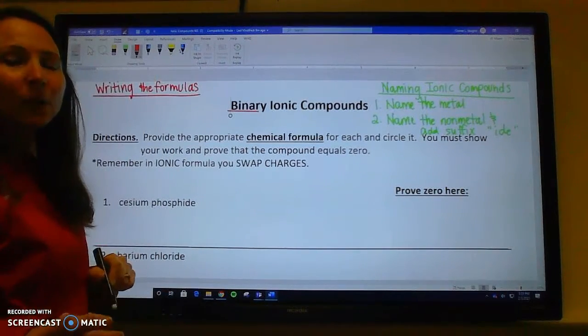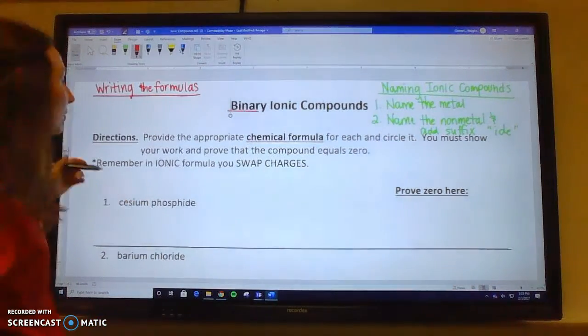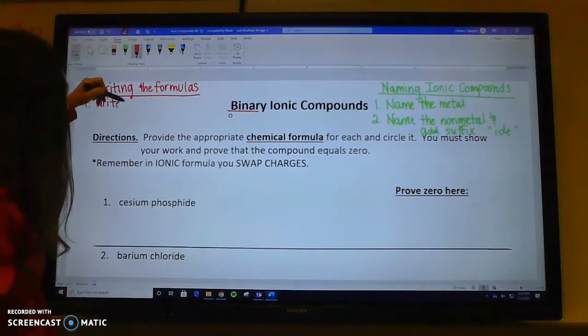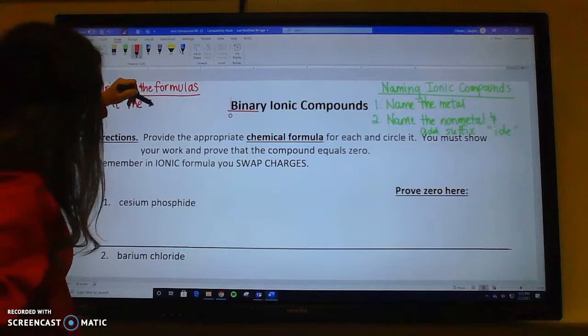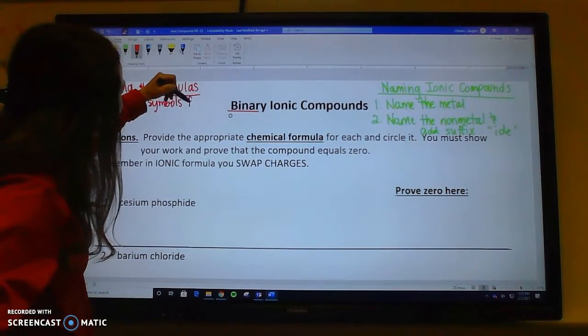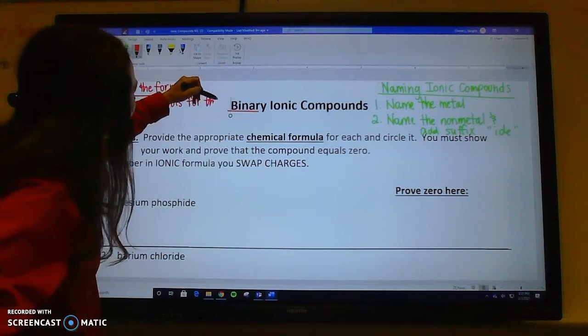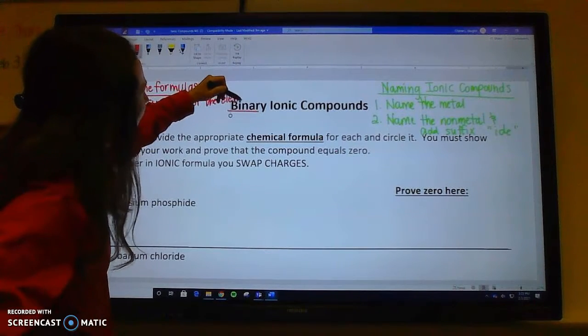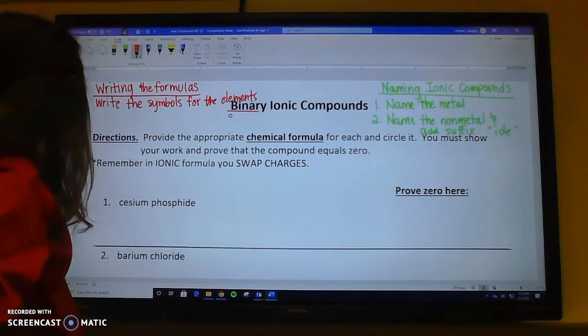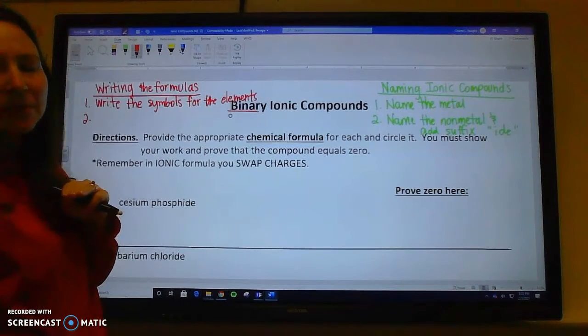Now, when we're writing these formulas, you want to write down the symbols. So the first thing you're going to do is write the symbols for each element. Okay, and then the second thing you're going to do, so this one is going to be 3 steps.